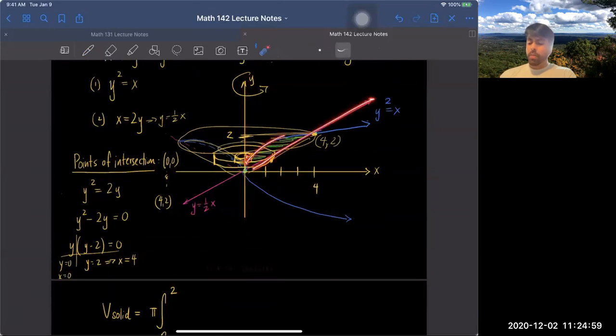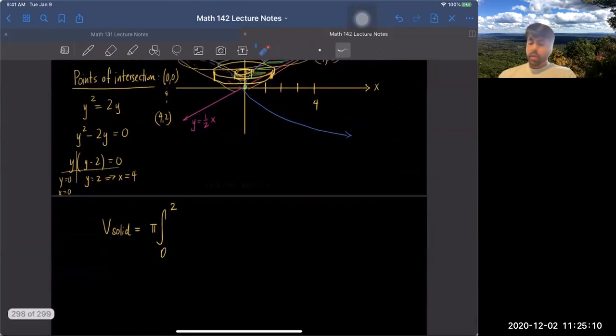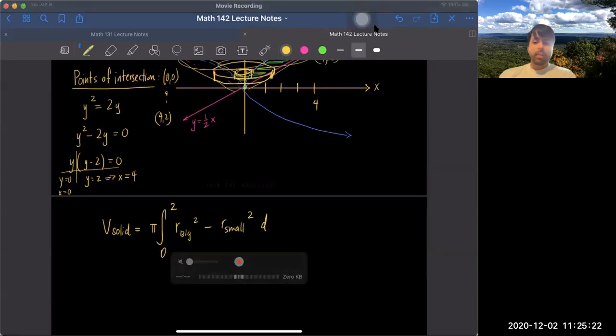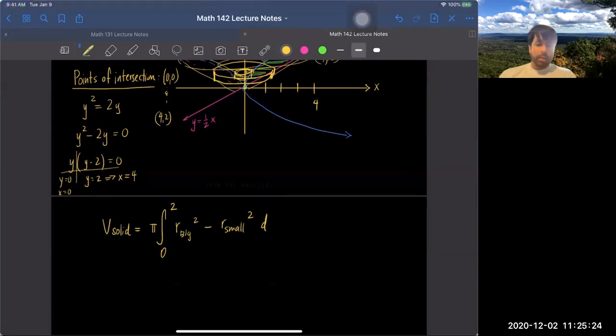Is it the blue or is it the pink? So again, I'm going to take the radius that's big, square it, minus the radius that's small, squared. And this will not be in dx, it will be dy because of this reason.